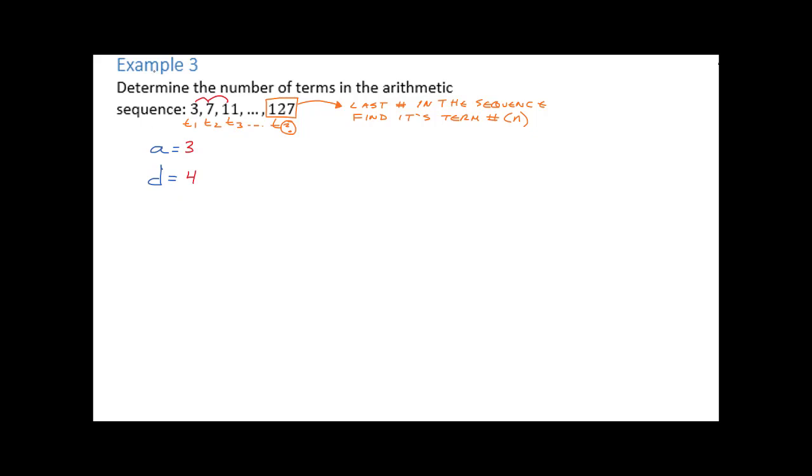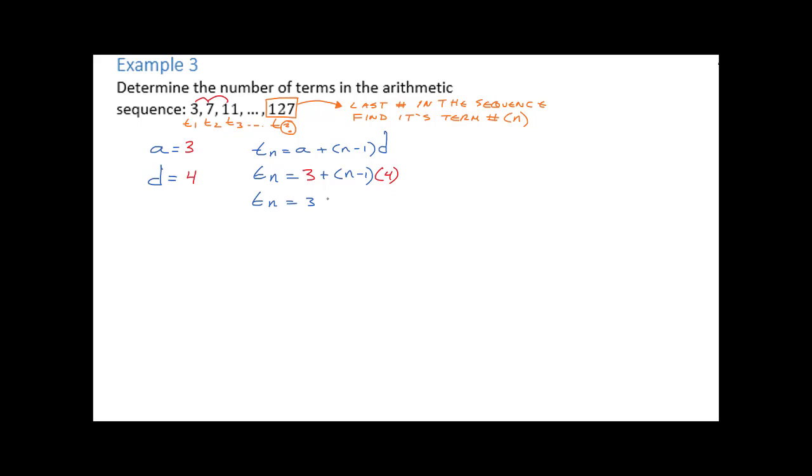Let's start with our general term formula. It starts like this: Tn equals A plus n minus 1 times D. Let's sub in what we know. We know A, we know D, so we can sub those in and simplify this. A is 3, D is 4. Let's clean this up.